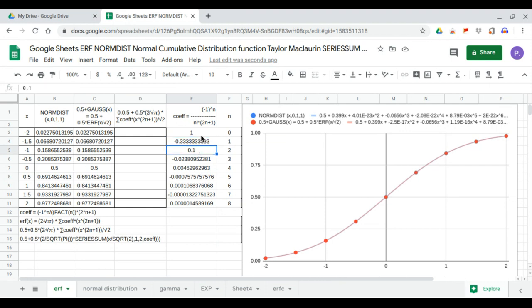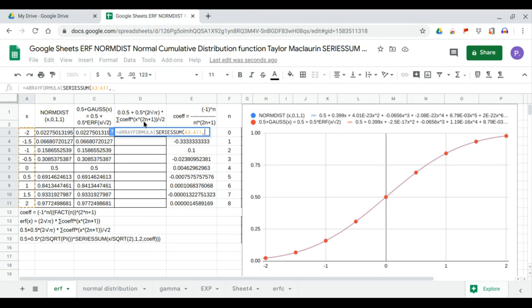We will use this coefficient to calculate the ERF. Start with an array formula, ERF, series sum of the values of x, where the starting power will be 2n plus 1.